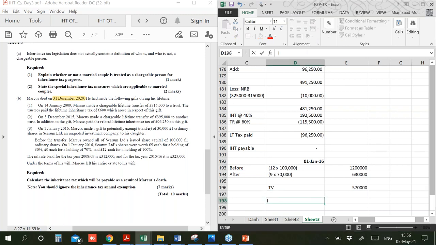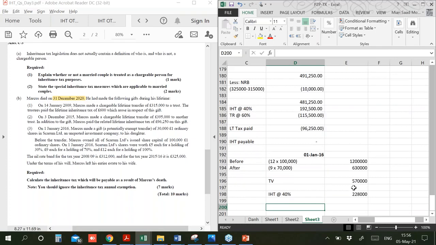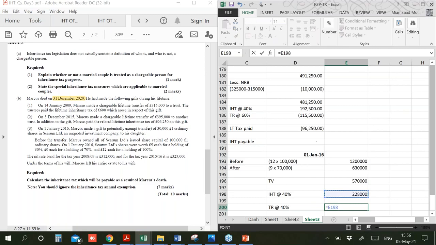So IHT at 40% is this amount times 40%. Then the taper relief will be at 40% as well, but taper relief will be 40% of this amount, because this is the total tax.